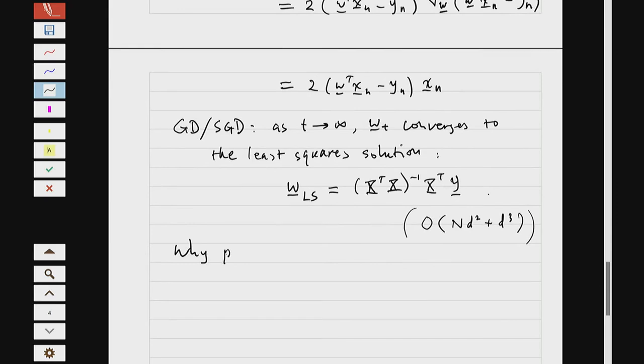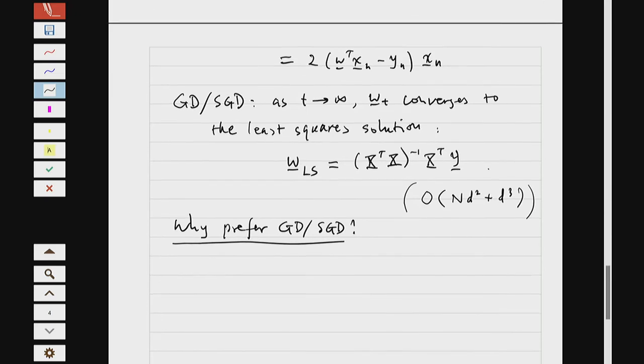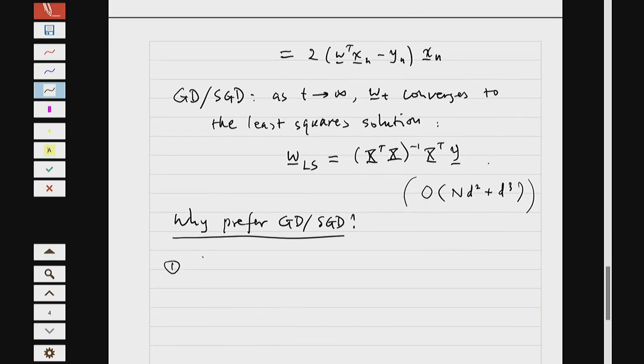So one reason that we prefer GD or SGD is that this could be very high when n is large, and when d is large as well. In that case, you're going to be in big trouble. So, computational complexity.